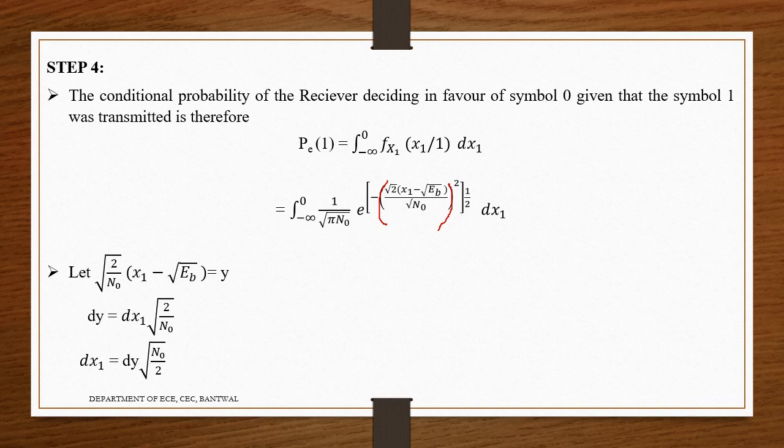So that is the reason for square root of 2 into x1 minus square root of EB divided by n naught the whole square. Now I'll consider this as y, to generalize these terms.